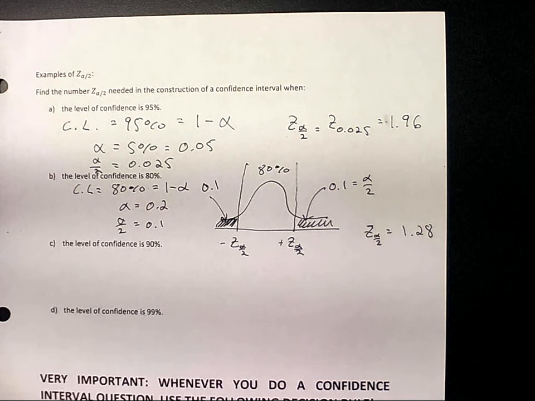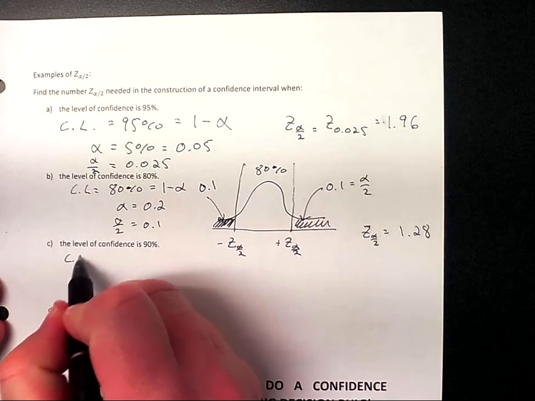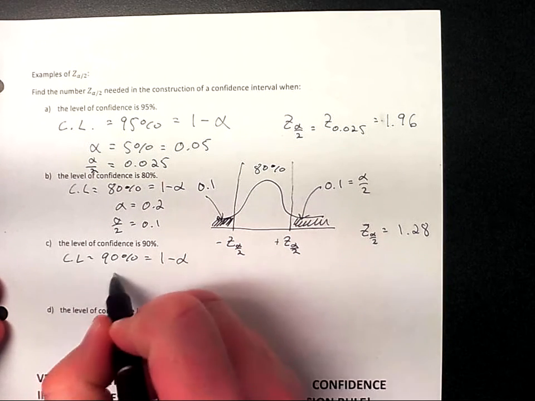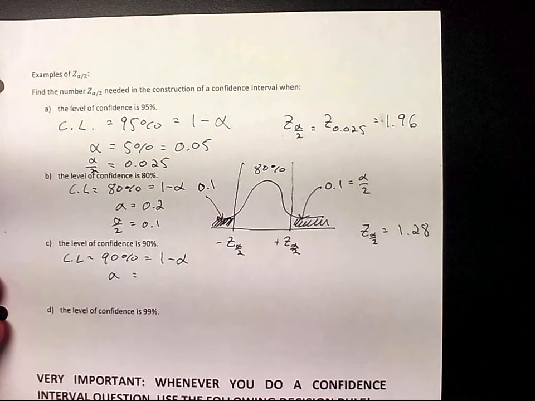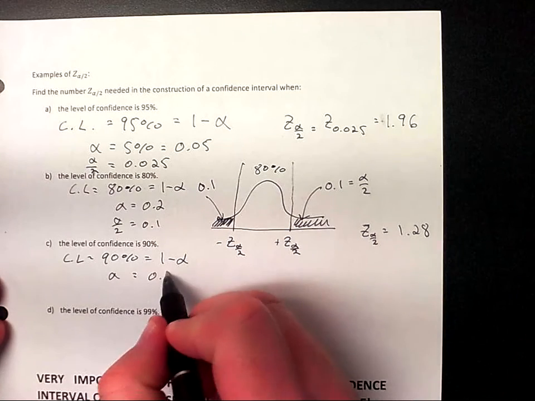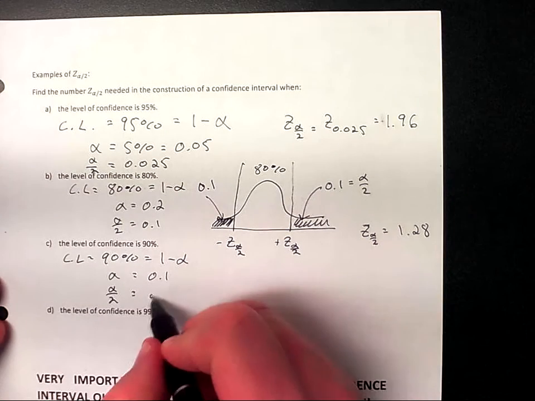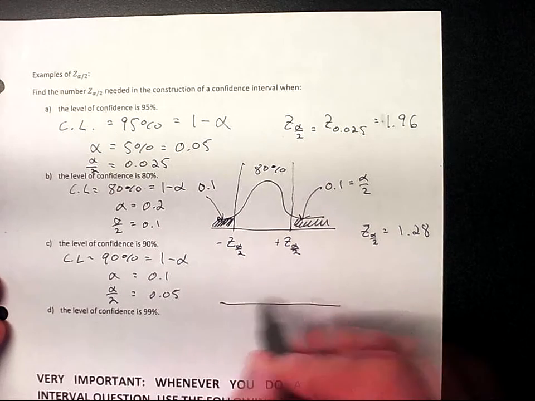All right. So does anybody need a little extra time for C? Once again, our confidence level is equal to 90%, which is equal to 1 minus alpha. Therefore, alpha is equal to 10%, and therefore alpha divided by 2 is equal to 5%, or 0.05.